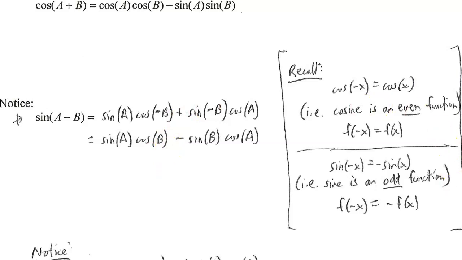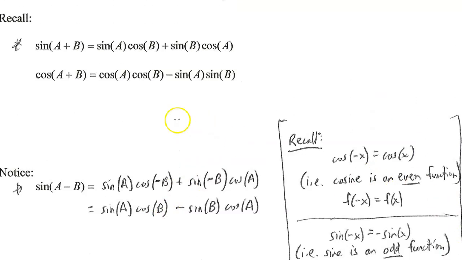Now notice we have these two identities, one for sine of a plus b and one for sine of a minus b. Sine of a minus b ends up being this. Well, what if we add sine of a plus b plus sine of a minus b? It should end up being this thing plus this thing.